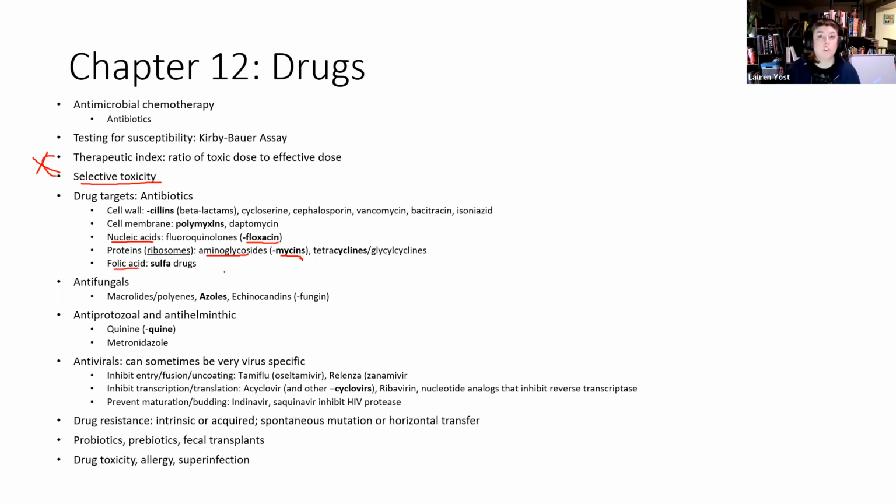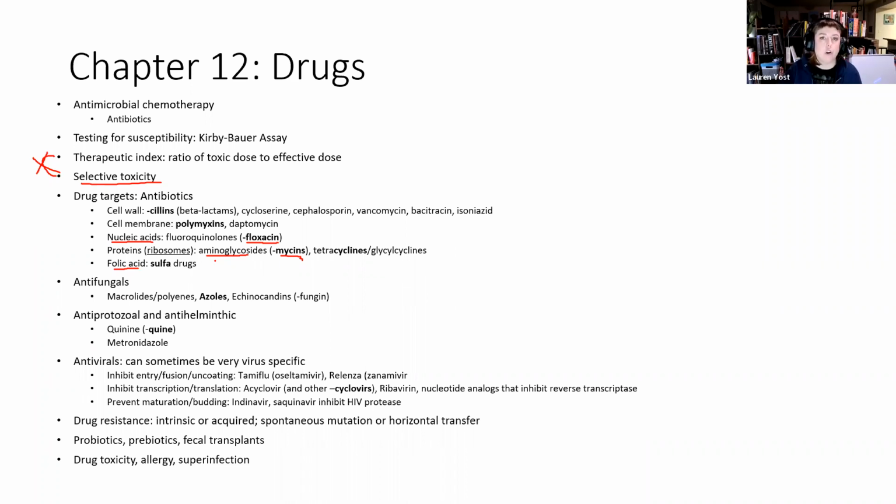And then we have the folic acid ones. That's things like sulfas. So sulfamethoxazole, that is trimethoprim. So be aware that trimethoprim is a sulfa drug. I would definitely remind yourself of that. That's just a name of the drug. The chemical aspect of it involves sulfur in it.